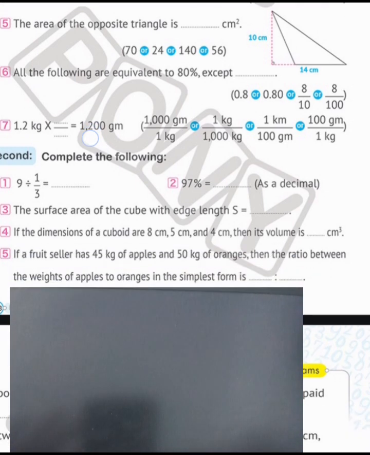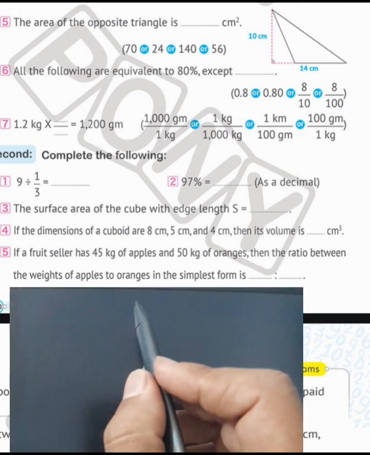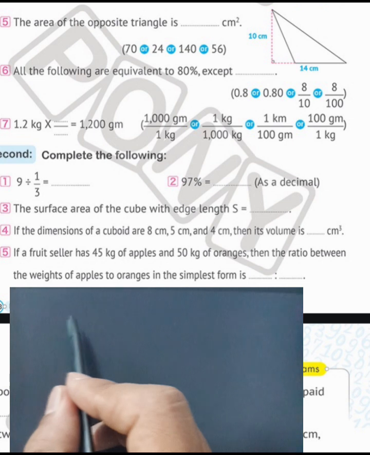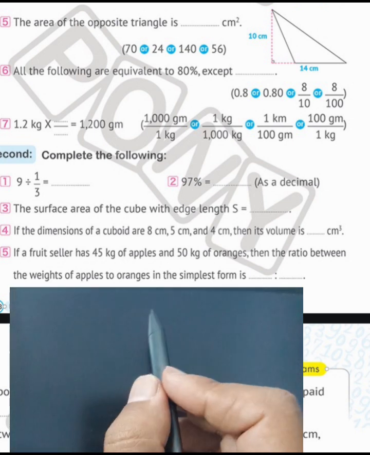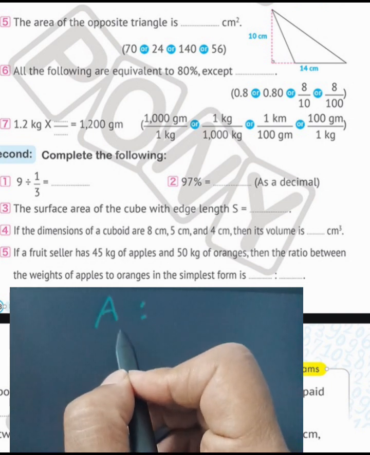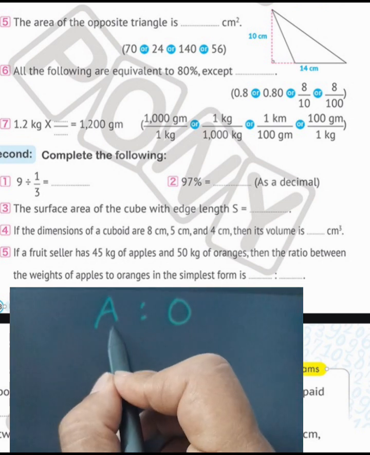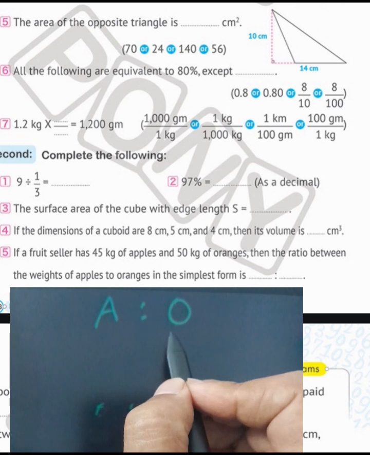Question number 5. If a fruit seller has 45 kilograms of apples and 50 kilograms of oranges, find the ratio between the weight of apples to oranges in the simplest form. We can find the ratio between the amount of apples to the amount of oranges.